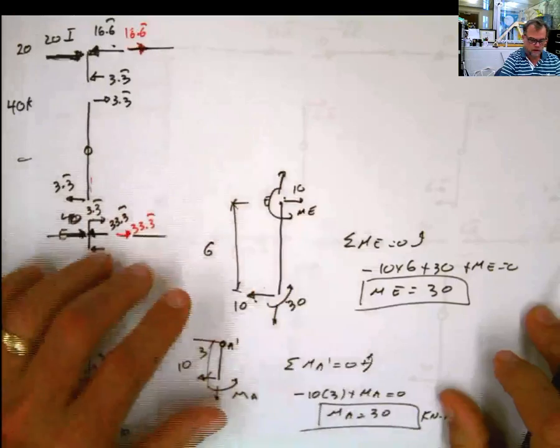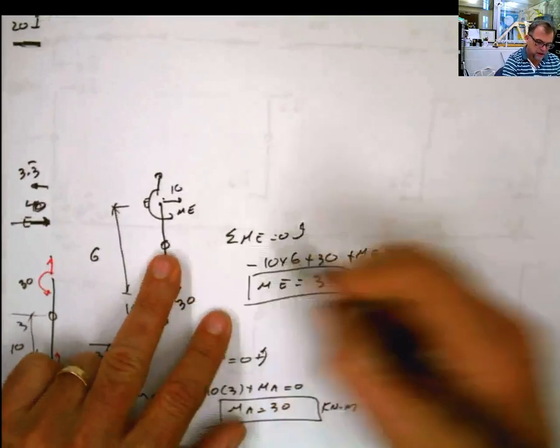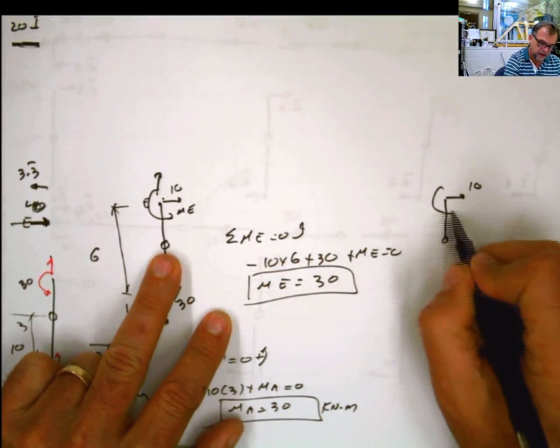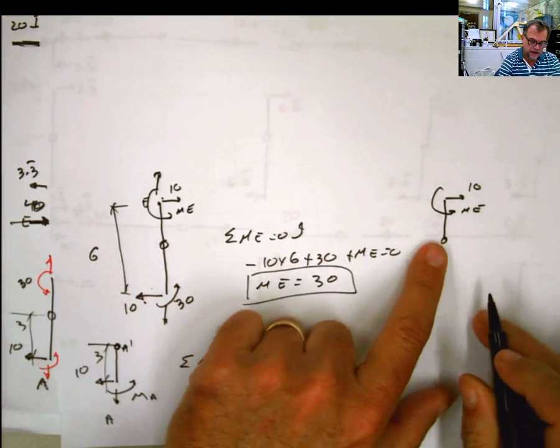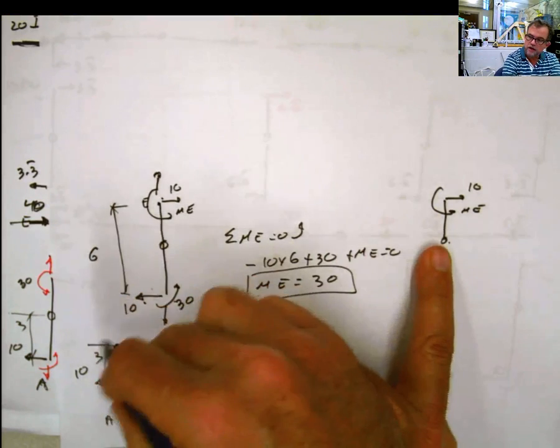Or I could have used the same hinge and say, you know something, I'm just gonna put the hinge here, put this 10 here, and I know I have a moment E there, and then I'm gonna do moment here. If I do moment here, I'm going to have the same equation that I got right there.